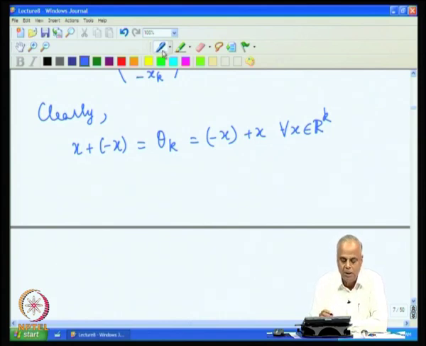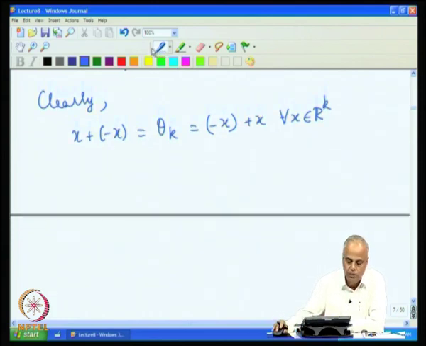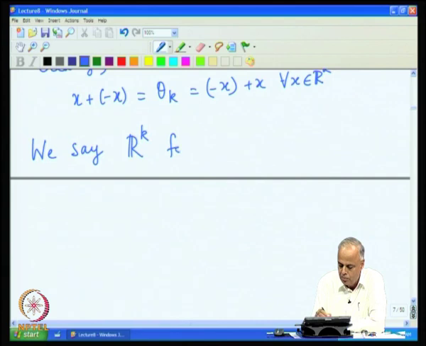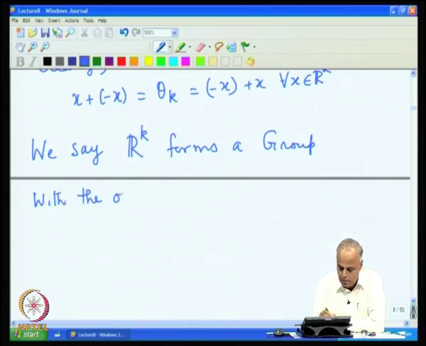When we have these three properties together with the fact that x plus y belongs to R k for every x and y, we have what is known as the notion of a group. We say R k forms a group with the operation plus that we have defined.